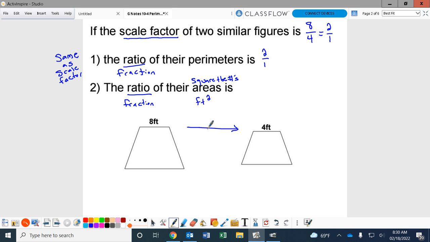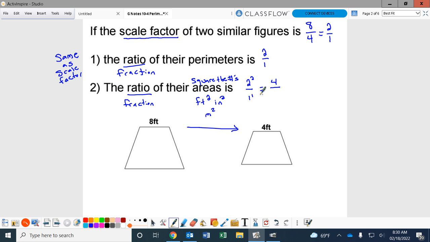How do you know that? Because area is square units. Every type of area, feet squared, inches squared, meters squared, all these are square units. So in order to change it from perimeter to area, you're going to square both the numbers, guys. This is all you do. 2 squared over 1 squared. What is 2 squared? 4.